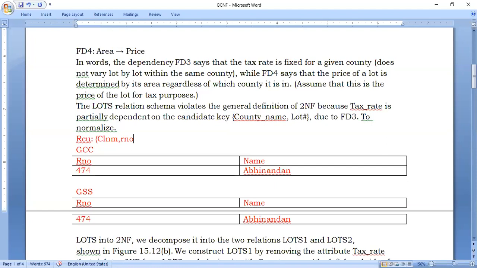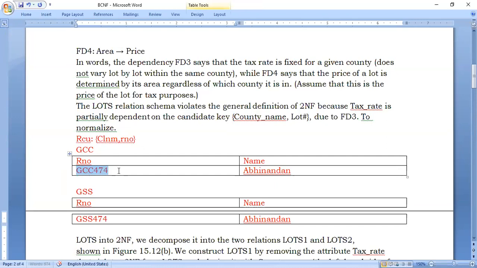If we take this combination, then this roll number will be known by GCC 474 and that roll number will be known by GSS, because I am taking a combination of college name and roll number. Now there will be definitely no confusion, even if multiple colleges have the same roll number. Even when I take out any student's roll number, there will be no confusion because it is attached to the college name.